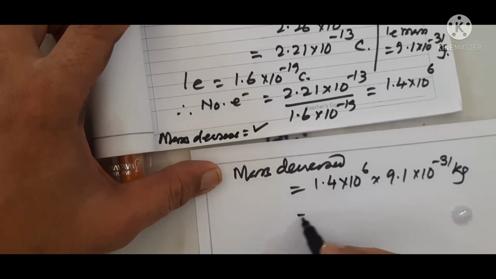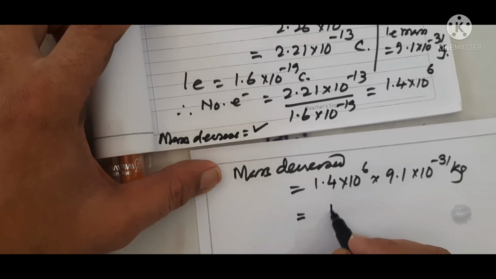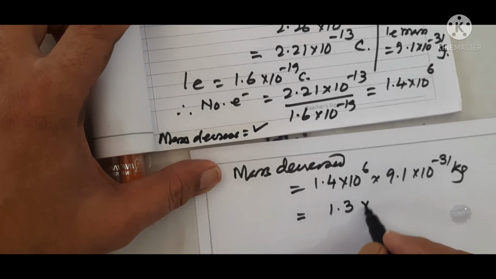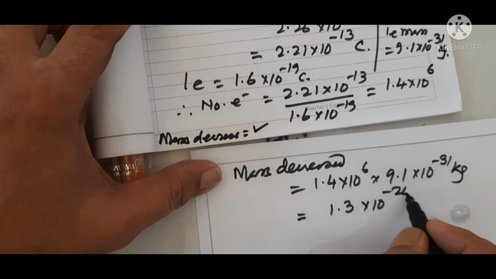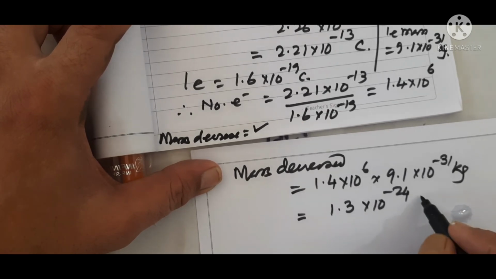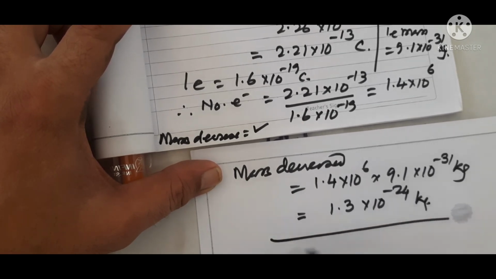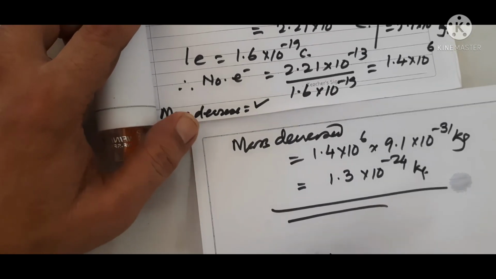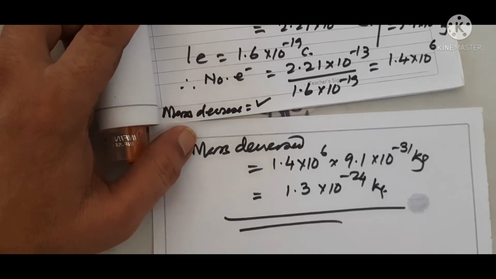If you multiply, you will get 1.3 into 10 to the power minus 24 kg. That will be the value of the mass which is going to be decreased.